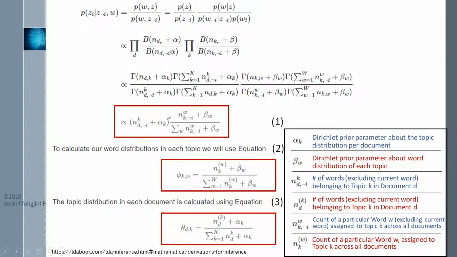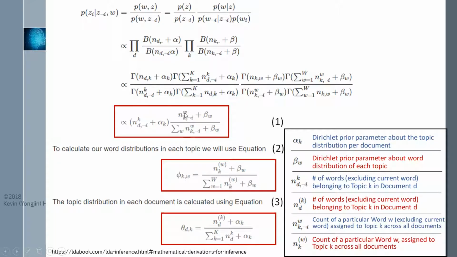So if we just ignore the alpha and beta, and you also read the description of each symbol, this portion pretty much tells us which topic is more preferred in the current document.